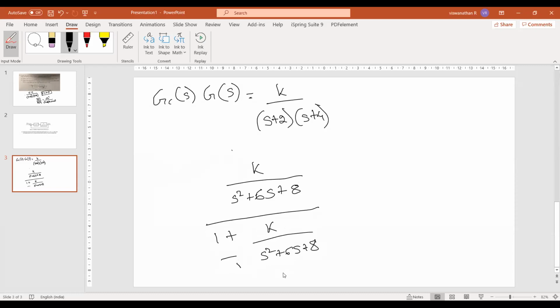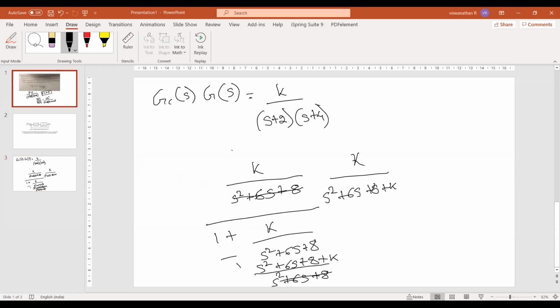What will be this? You take s square plus 6s plus 8. This will be s square plus 6s plus 8 plus k. Okay, so this thing and this thing get cancelled. It will be k divided by s square plus 6s plus 8 plus k.